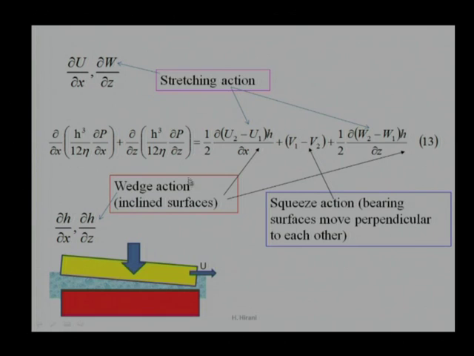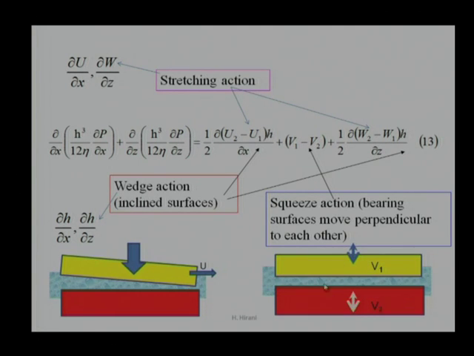Now, in this diagram we started earlier, this has a wedge action, and there is a relative velocity u with respect to the red block, so this satisfies our requirement for hydrodynamic action. Similarly, this is the squeeze action, which we initially divided; there is a change in film thickness.